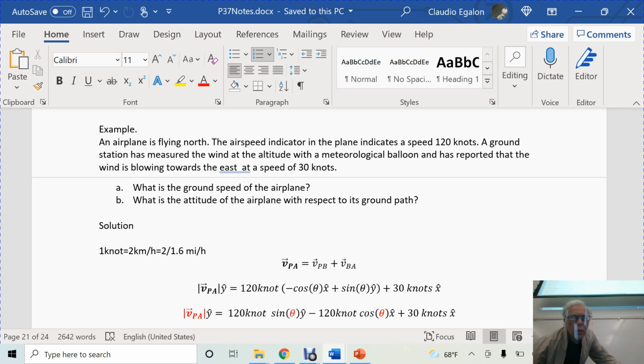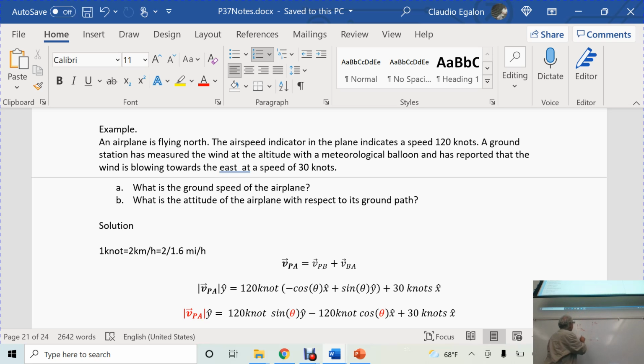The airspeed indicator indicates 120 knots. A ground station has measured the wind.